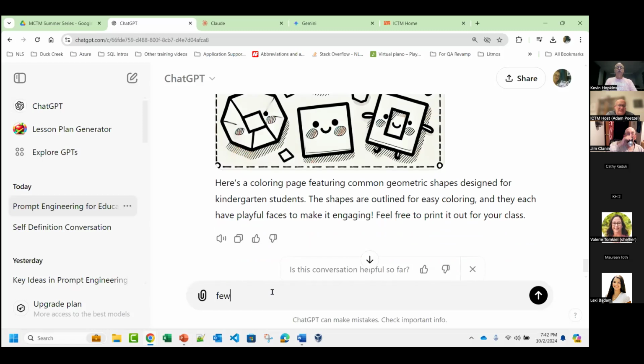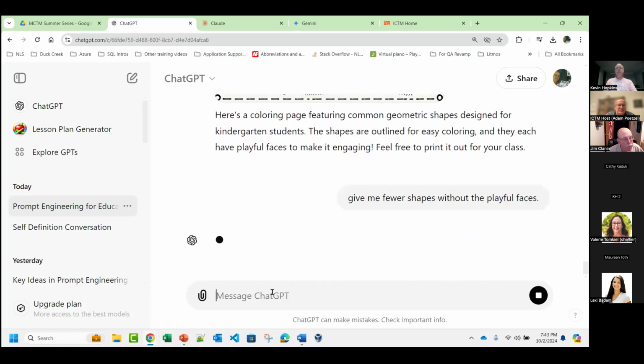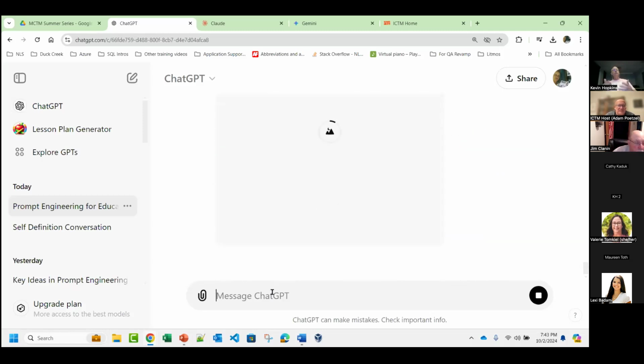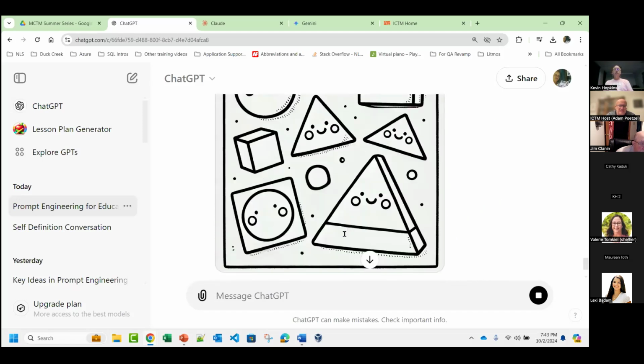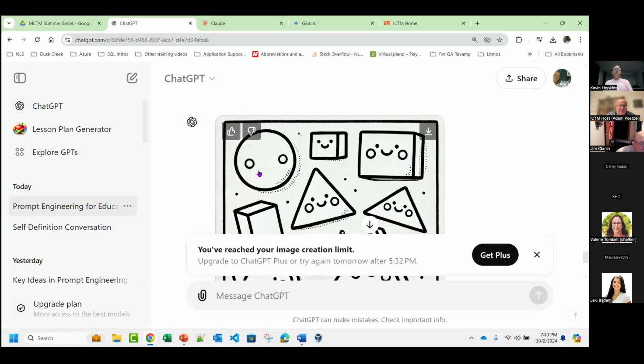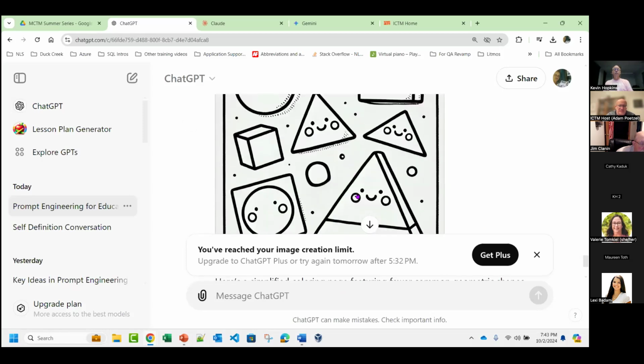So let me say, give me fewer shapes without the playful faces. So if at first it doesn't give you what you want, explain what you do want. And that works even with the images. So, well, they don't all have playful faces. I do have fewer shapes.